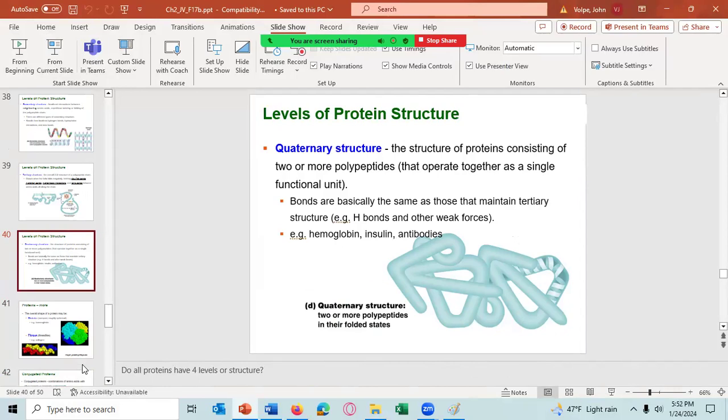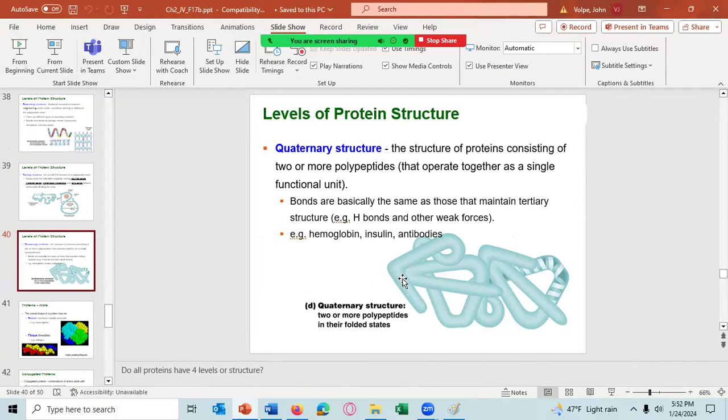The quaternary structure is where the different polypeptides come together and then interact with each other with all of the forces of attraction and the forces of repulsion that we've talked about in the secondary and tertiary levels. You can see all of those in the quaternary level.